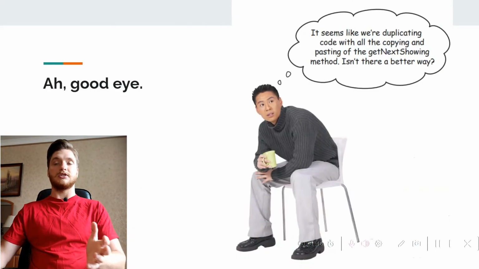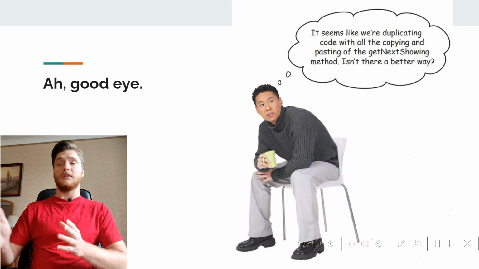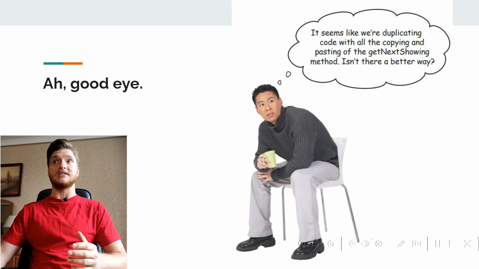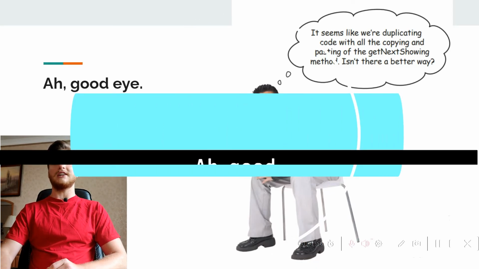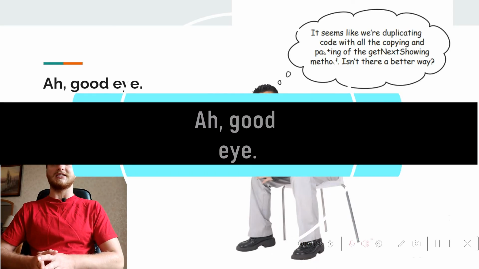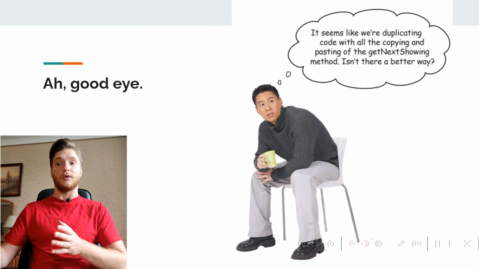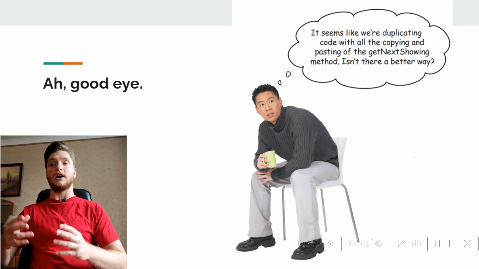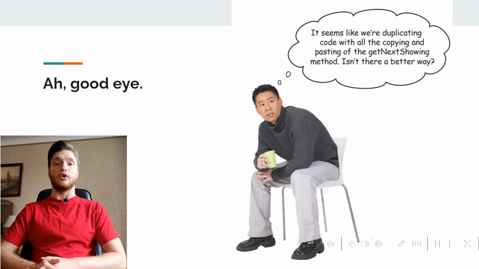It seems like we are duplicating code with all the copying and pasting of the get next showing method. Isn't there a better way? Good eye. You have great instincts if you recognized that we are duplicating code when we copy get next showing into more than one movie object. One of the aims of object-oriented programming is to maximize code reuse.